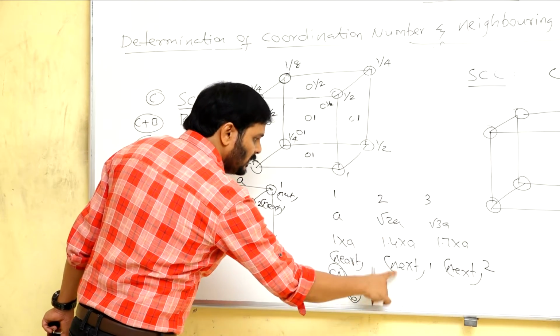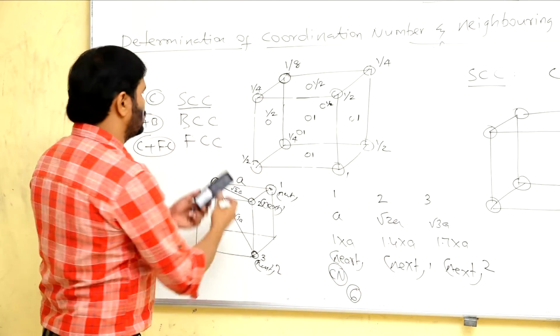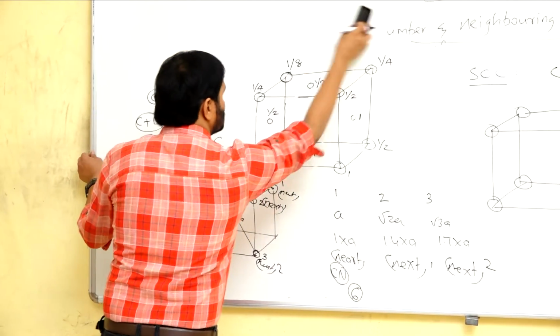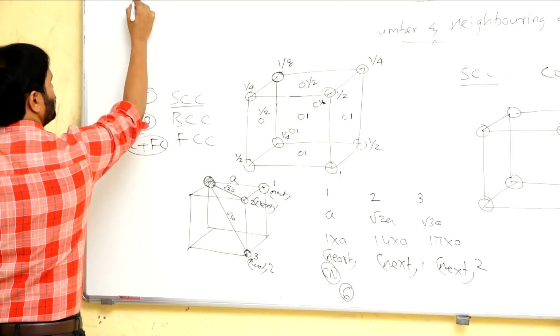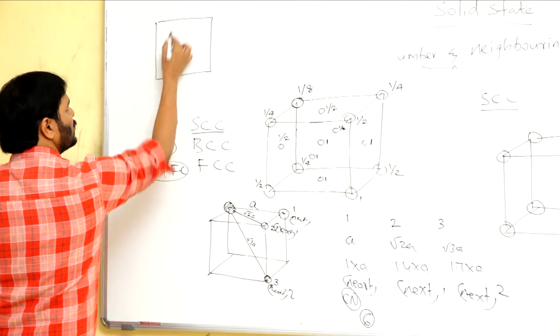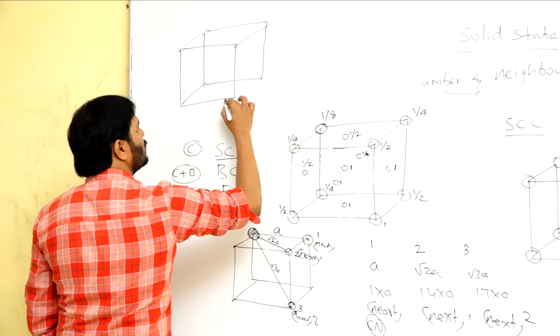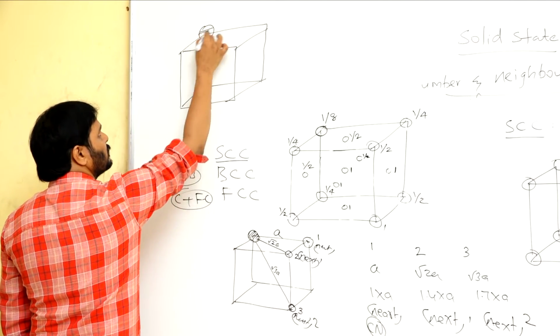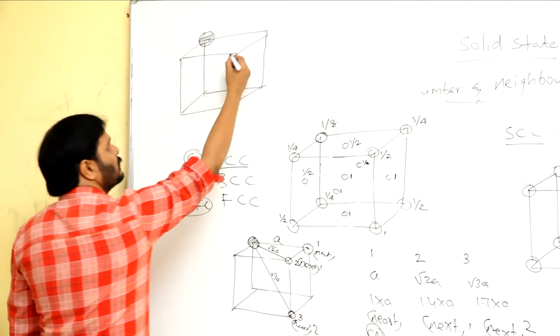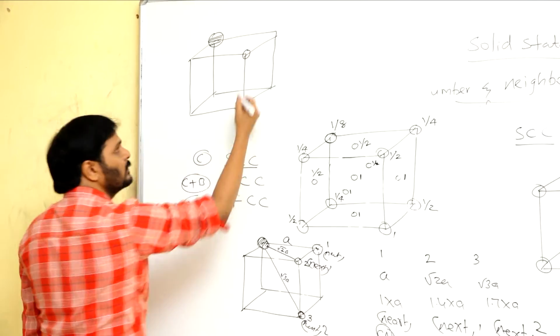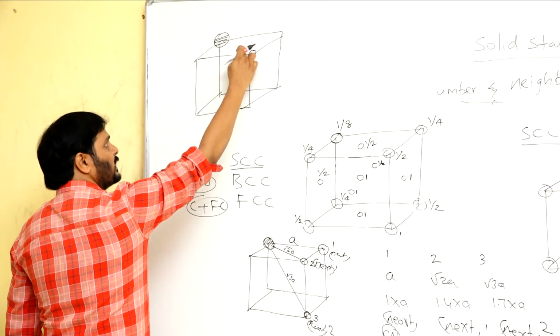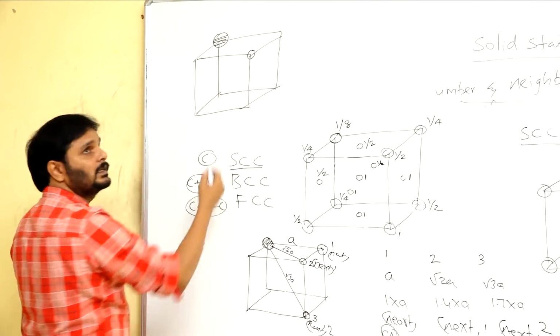Similarly, for the next atom I can find out. Again we consider a simple cube. This is the reference point. Now this is an atom, nothing but a face diagonal.